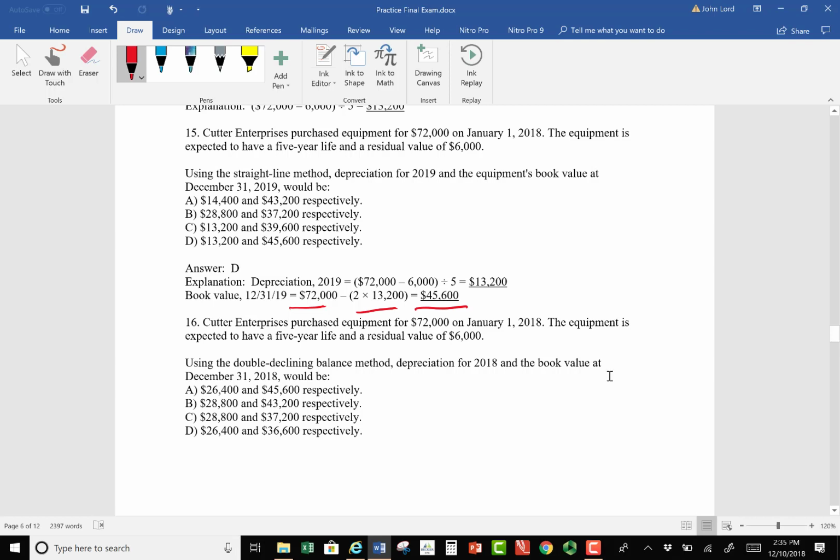Using double declining balance, same fact pattern, but now they want book value at December 31st, 2018, so I only have to deal with 1 year of depreciation here. Now I'm going to take the 72,000, and what was it, a 5-year life? So 1 divided by 5 equals 20%, multiplied by 2 means I'll take 40%.